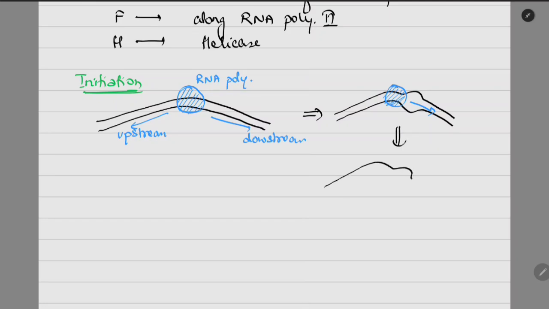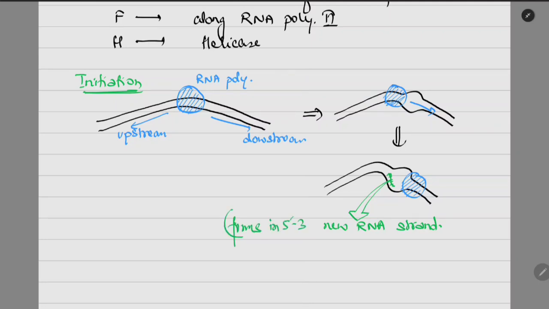The drawing will be something like this, and the RNA strand forming is this one, the new RNA strand. It goes on and the strand gets elongated. And this RNA forms in the 5' to 3' direction.